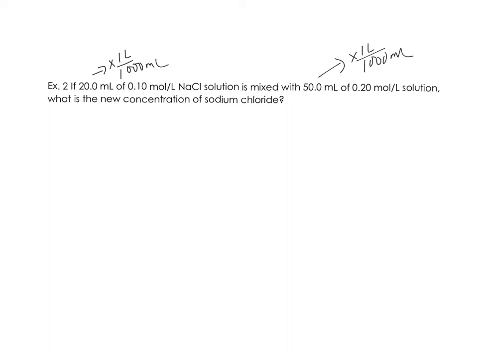So we can find how many moles we have, and we're going to add those together. So we want moles, and we're going to multiply that by our volume to get rid of the liters.